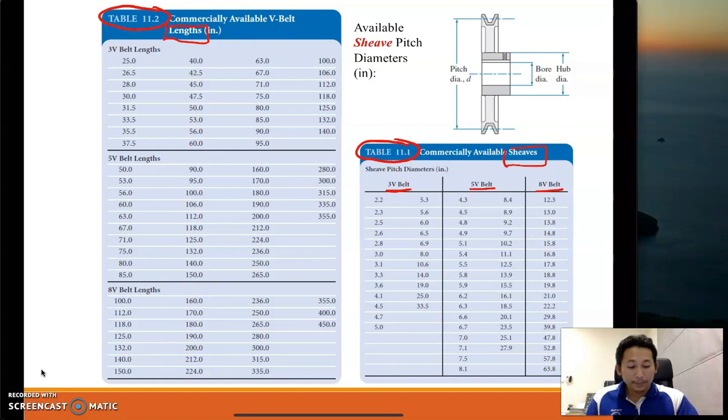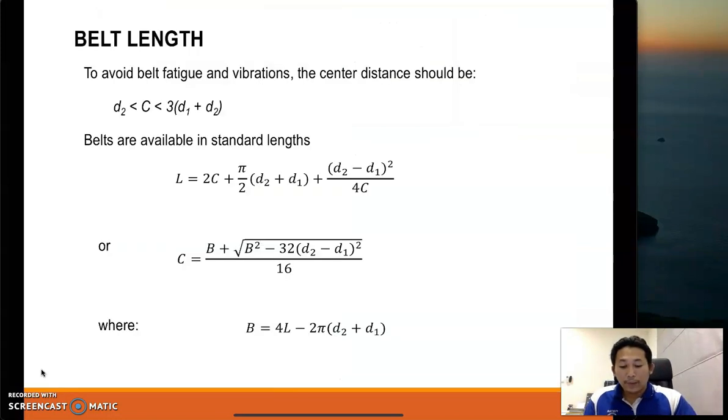To avoid belt fatigue and vibration, the center distance must be larger than D2 and smaller than 3 times (D1 plus D2), driver and driven.